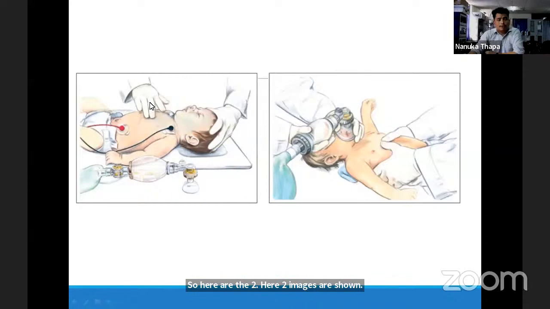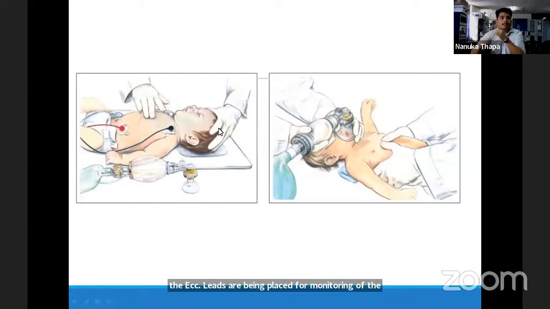Here the rescuer has tried to give chest compressions with the help of two fingers, and the two fingers should be placed just above the sternum, sorry, on the sternum. The ECG leads are being placed for monitoring of the rhythm, and this is an Ambu bag.